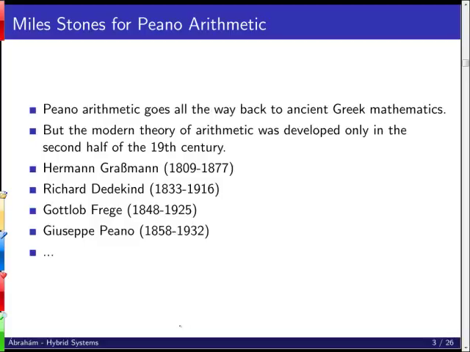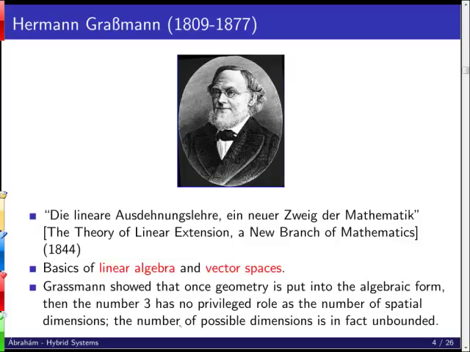Okay, we look at four names before we come to undecidability. Grassmann: it is about geometry, and in geometry, firstly, it is intuitive. What is intuitive are two-dimensional and three-dimensional spaces, and the start of geometry was exactly in those spaces. Grassmann was the first one who said, if we look at geometry as algebra, then 2 or 3 do not have any special meaning.